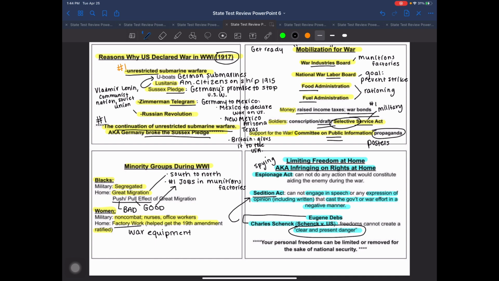All right. The next one, so very important, guys. And this is today, this is yesterday, this is tomorrow. Your personal freedoms can be limited even more than what they already are, or they can literally be completely removed if it is seen as necessary for national security.